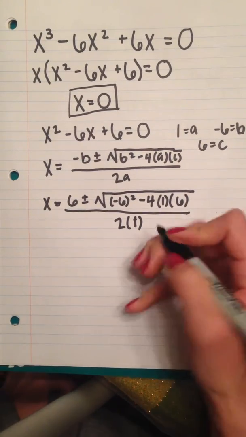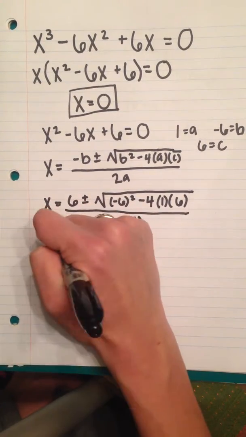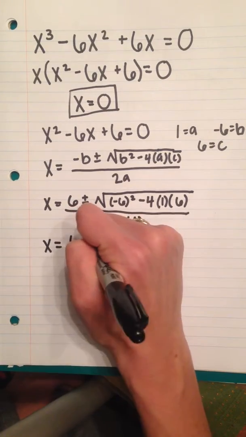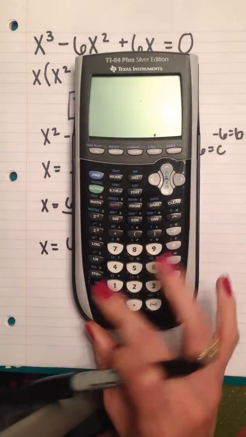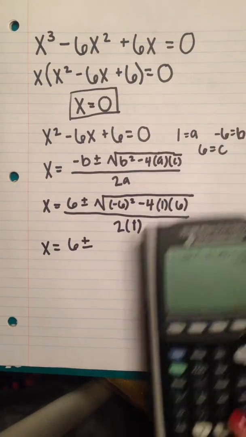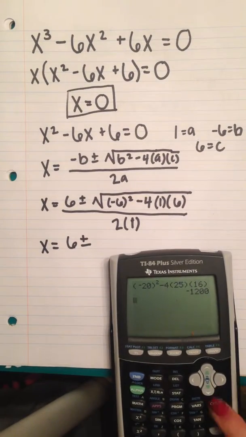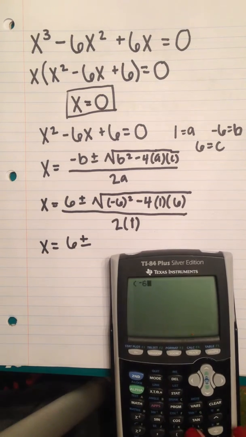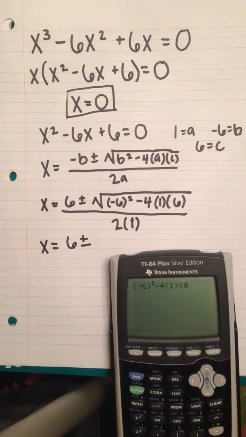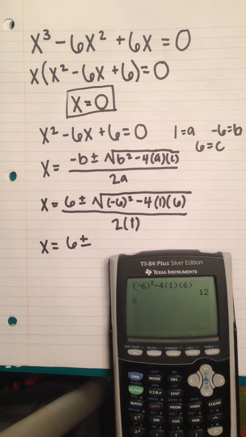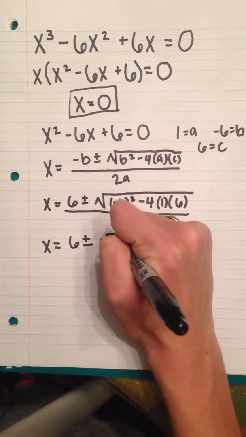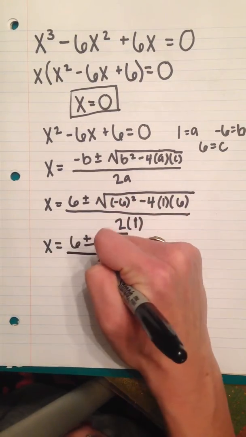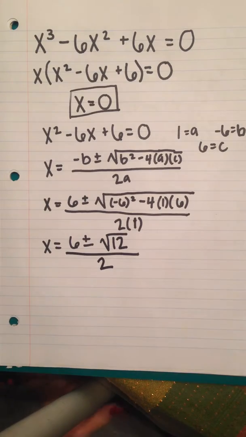Now let's clean that up a bit, and we have x equals 6 plus or minus, and we can go ahead and use our calculator to figure out what's inside of the radical. We have negative 6 squared minus 4 times 1 times 6, which is 12. So 12 is what's under the radical, all over 2. We're almost there.